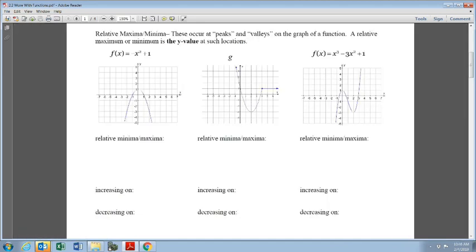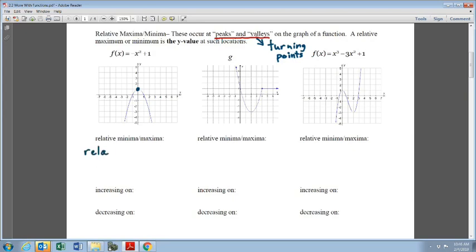Alright, let's move on. So here we're talking about relative minimum. Well, we don't say minimums or maximums, we say minima and maxima. These occur at peaks or valleys, or what probably a little more formal would be the word turning points on the graph of a function. So for example, here you can see that we have a maximum that's going to occur at this highest point. You're going to have the highest value for y.